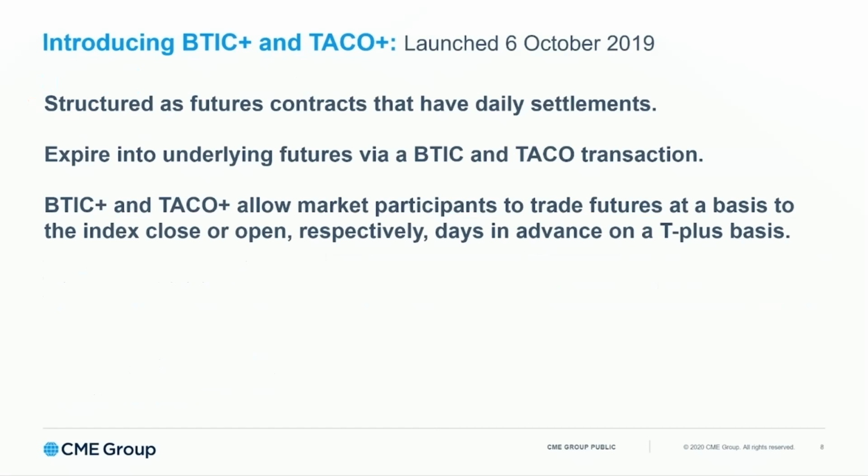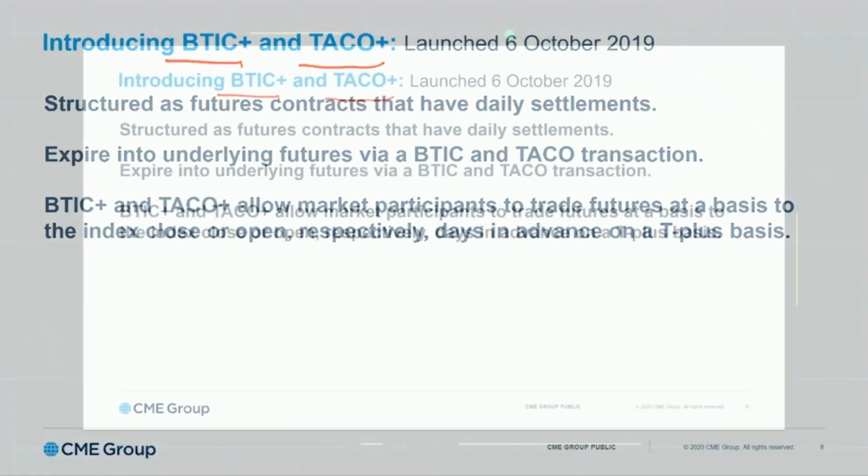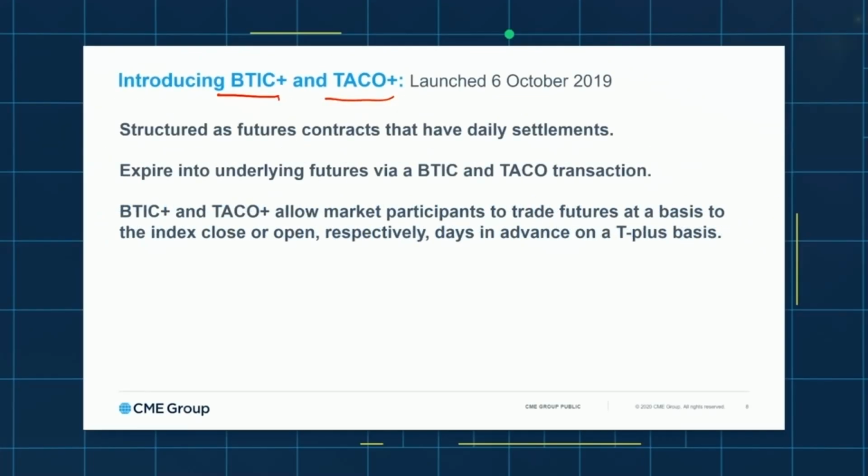In addition to just the regular daily BTIC, we've also recently, in the fourth quarter of this last year, launched BTIC and TACO Plus. And what these refer to are the similar transactions of BTIC and TACO, basis trade at index close and trade at contract open, but for T plus settlement days. In other words, instead of having the price of your basis settled to today's settlement, a BTIC Plus allows you to extend that to a basis trade that will settle 2 days, 3 days, 5 days from now.